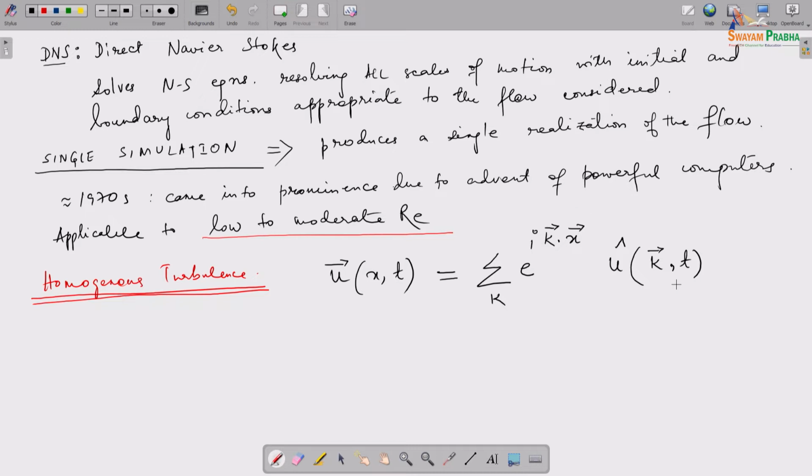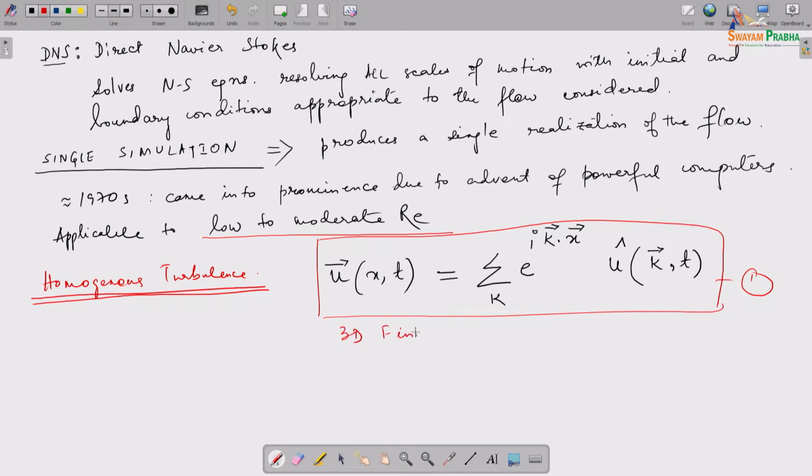So what we're doing here is essentially representing a 3D finite Fourier series. There is no mean flow and fluctuating part; everything is consistent.